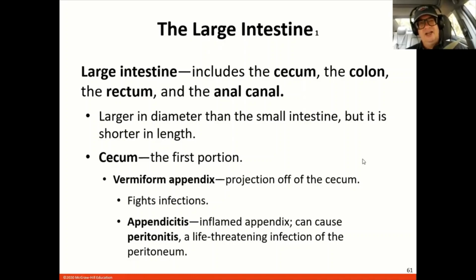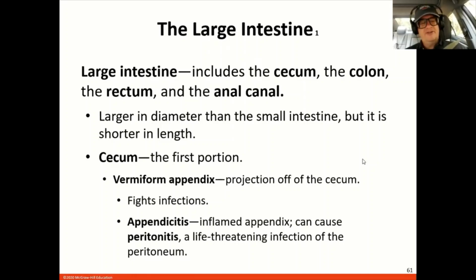Now, if you lose that particular camp, in other words, if a doctor takes your appendix out, it's not the end of the world. So if we have an inflamed, remember inflammation is itis, an inflamed appendix, we call it appendicitis. I want to point out one other thing before I continue.